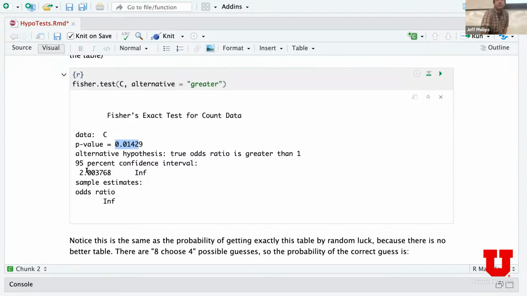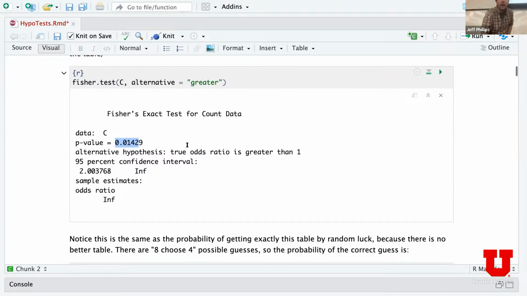The confidence interval is a little bit strange here. I think this value is out of 4, so the confidence interval is that you would get between 2.003 better up to infinity better. There isn't an upper bound here, so it's a little bit weird.